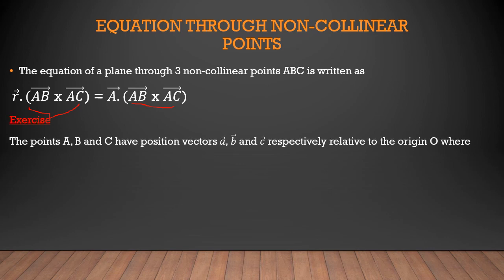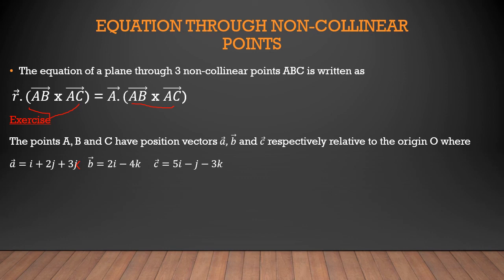Now the points A, B, and C have position vectors a, b, and c respectively relative to the origin O, where a equals i plus 2j plus 3k, then b equals 2i minus 4k, and c equals 5i minus j minus 3k. Now, what am I to do?